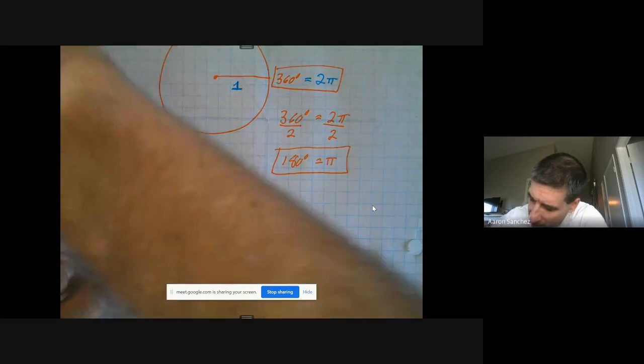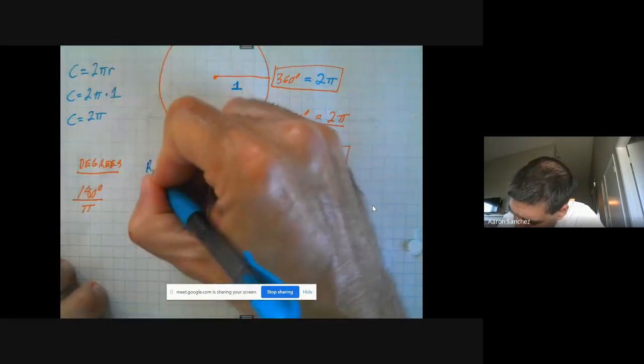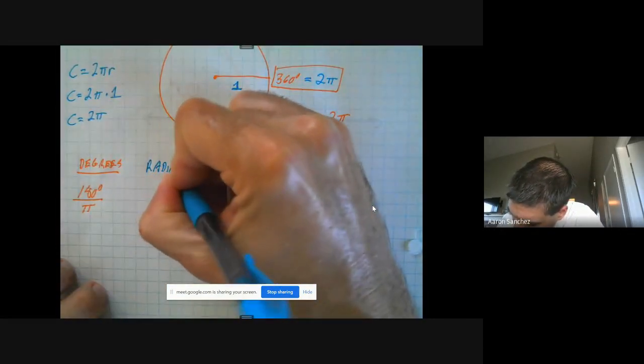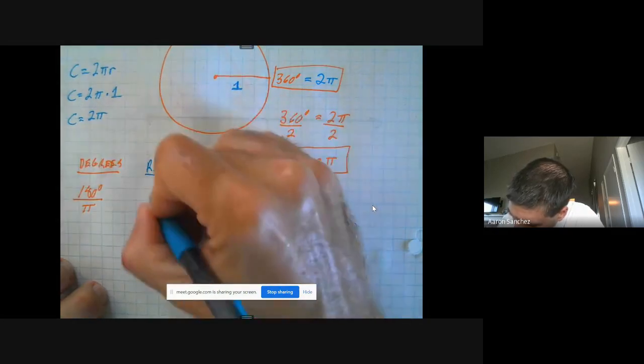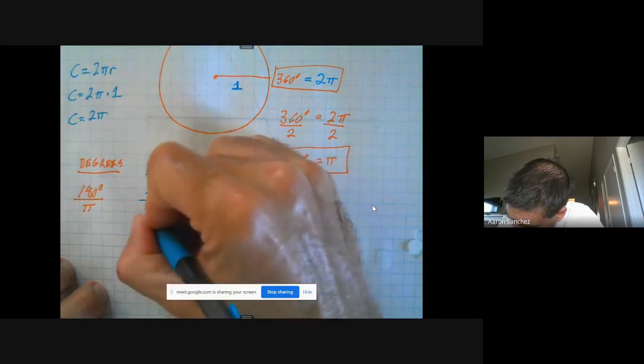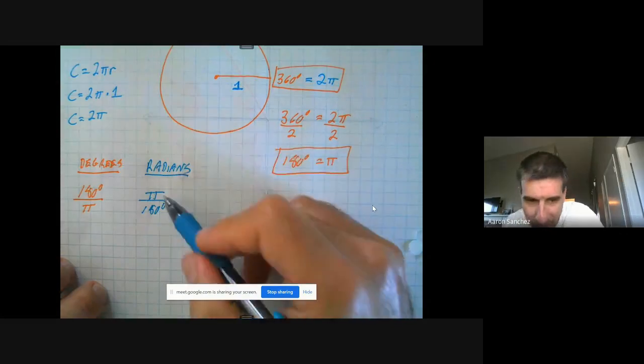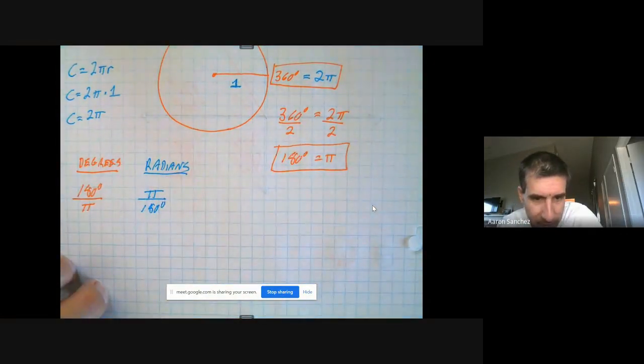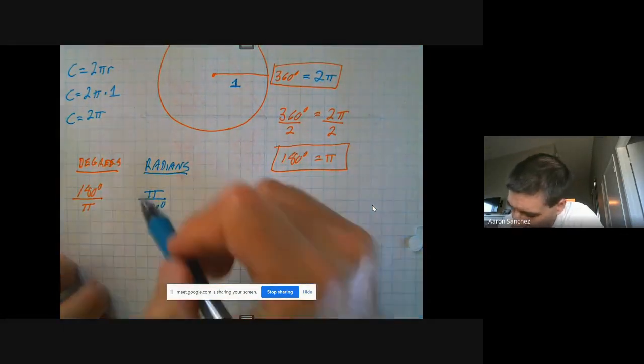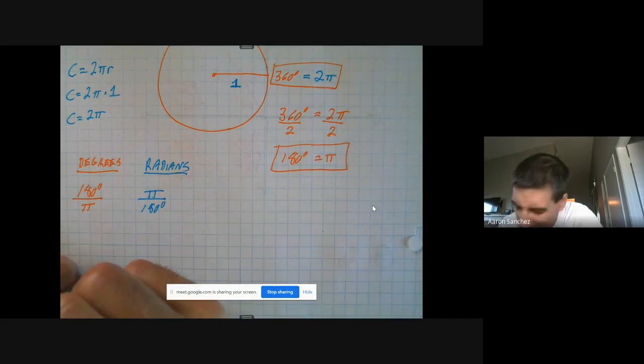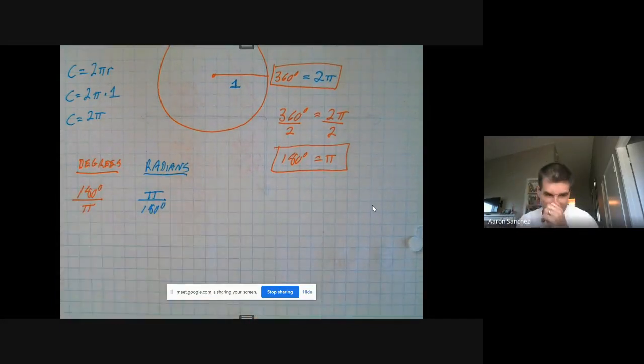If they say change it to radians, convert to radians, guess what? You put pi on top because that's my radians. You put the radians on top. They say convert to degrees, put degrees on top.